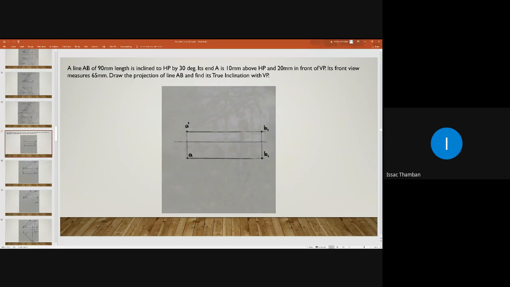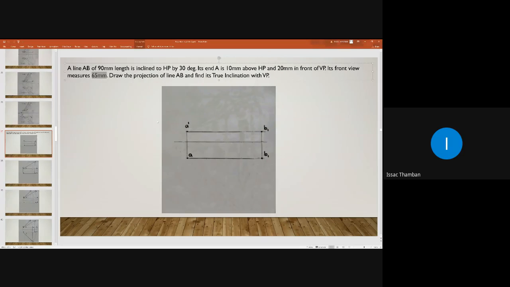Then in the next sentence, NDA is 10 mm above SP and 20 mm in front. That means the position of NDA is given. Then what next? The front view measures 65 mm.